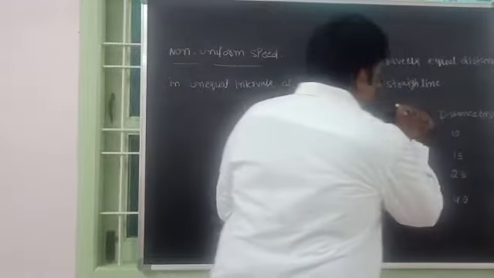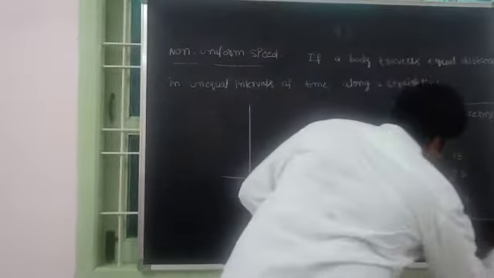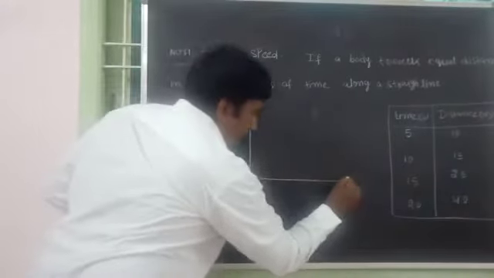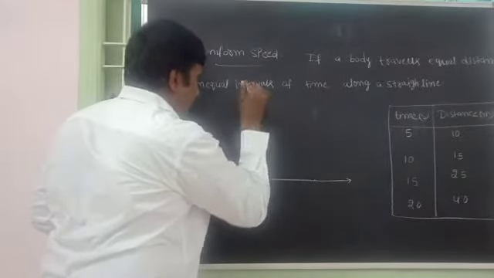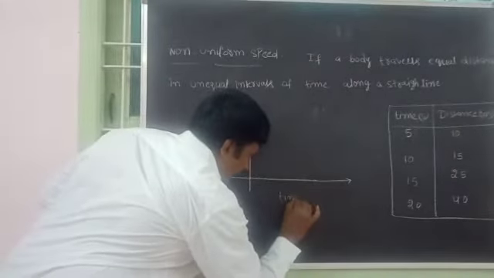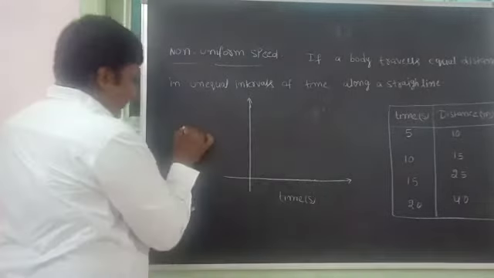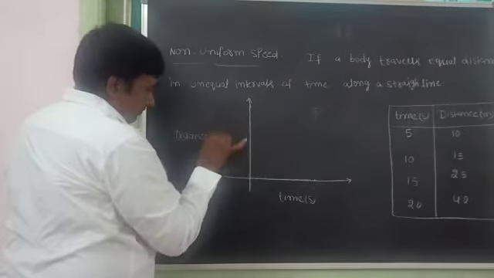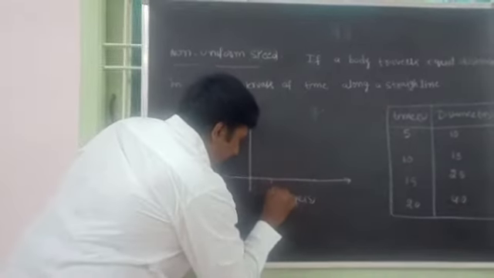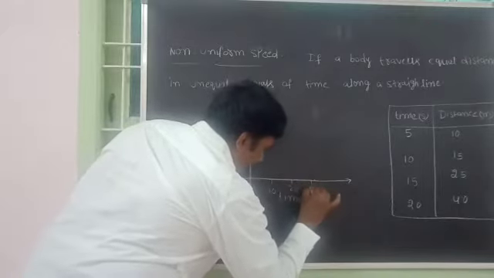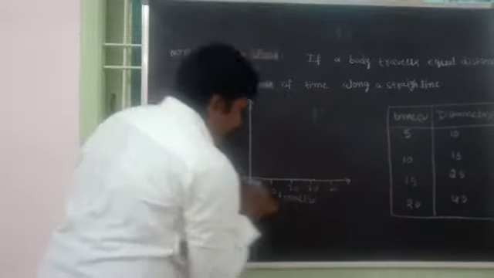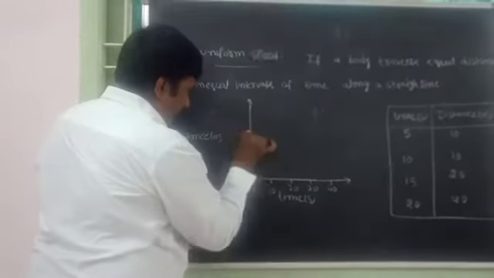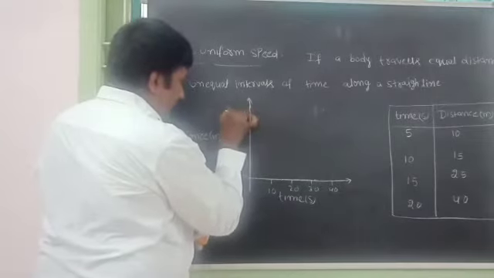For this we plot a graph. Here the time, and here the distance. This is time in seconds, and this is distance in meters. For example, 10, 20, 30 and 40, and here 5, 10, 15 and 20.